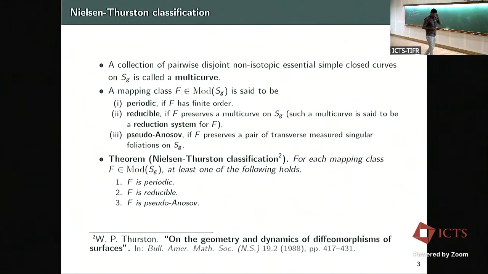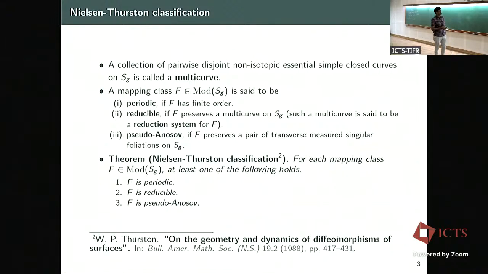And say a little bit about the Nielsen-Thurston classification, about what kinds of mapping classes we have. We call a collection of pairwise disjoint non-isotopic essential simple closed curves on the surface a multicurve. A mapping class is periodic if it has finite order. It's reducible if it preserves a multicurve.